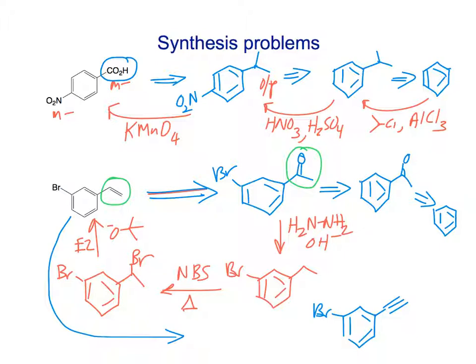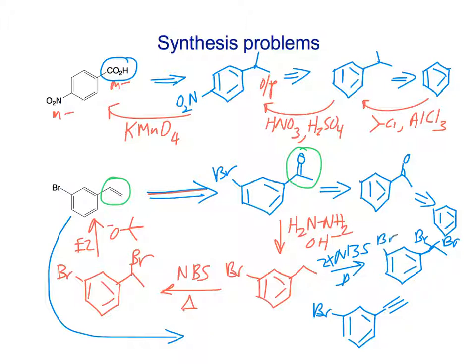So the suggestion, and this might work, is to go back this way: the NBS with heat, and do this 2 times. I'm not sure if I've seen that done, and I don't know if there's any problem with putting the second one on that position.